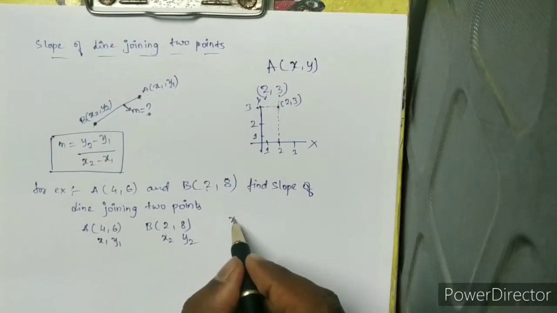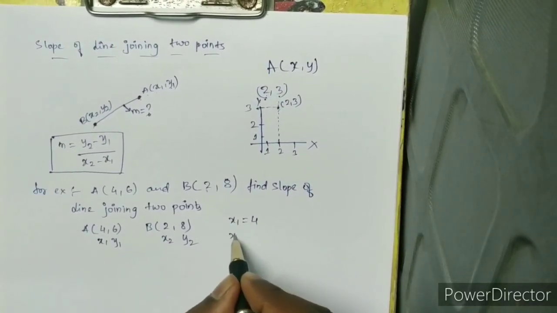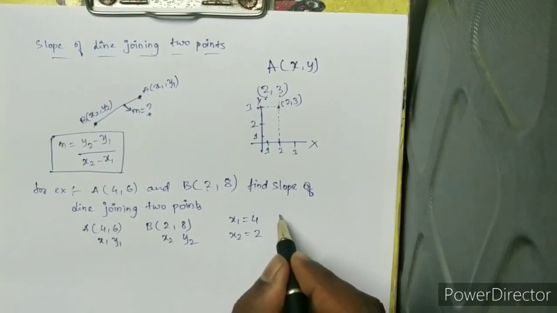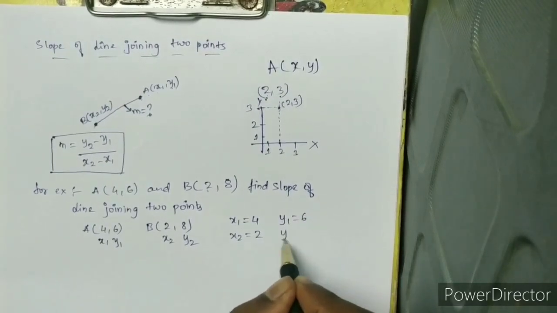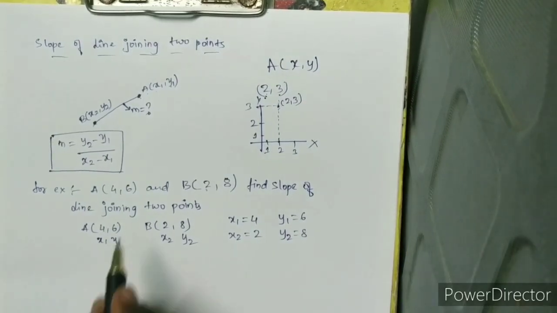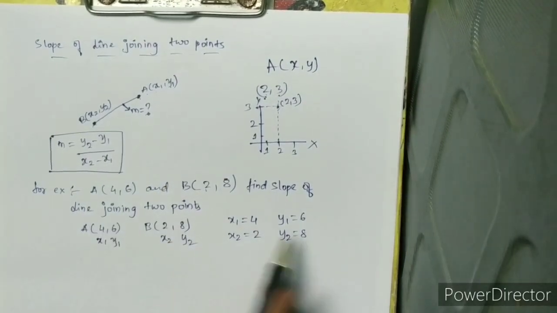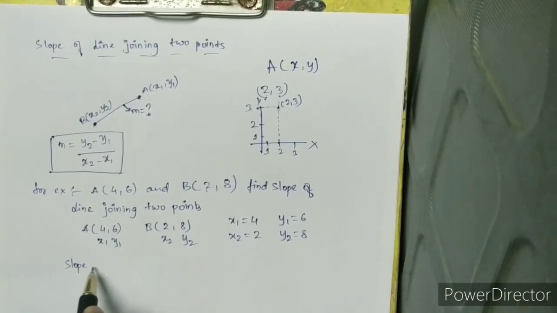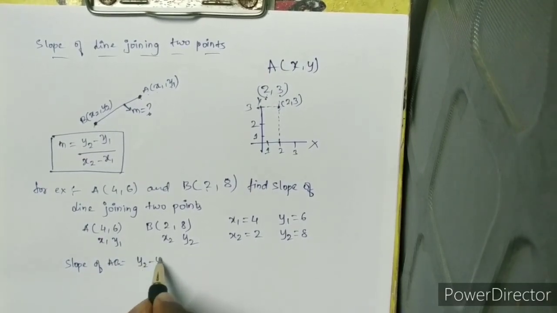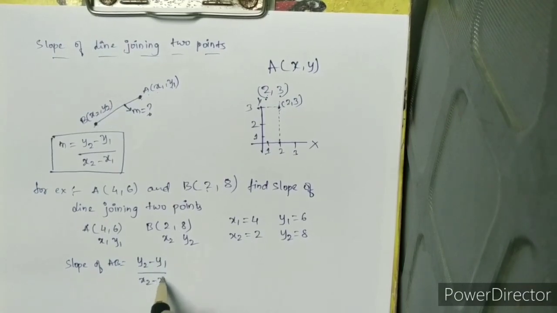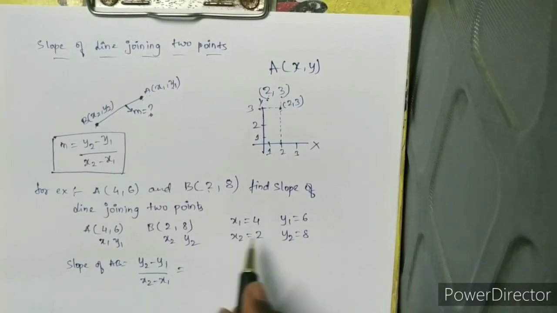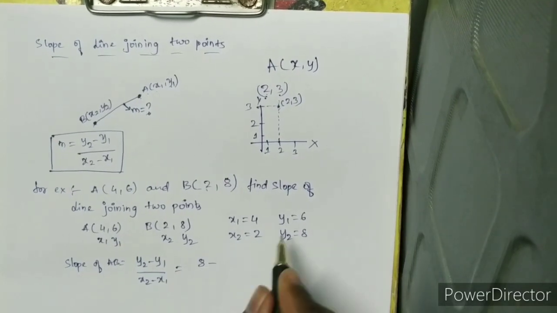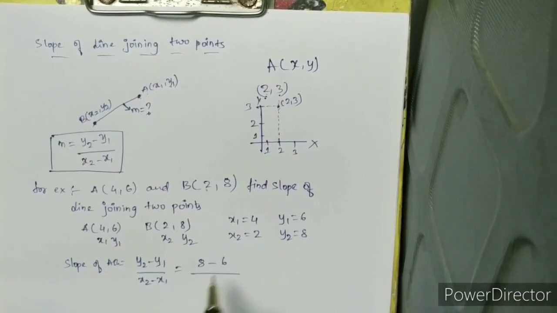So from this I can write x1 is 4, x2 is 2, y1 is 6, y2 is 8. Applying this in this formula, the slope of AB is equal to y2 minus y1 by x2 minus x1. y2 is 8, minus y1 which is 6, divided by x2 which is 2, minus x1 which is 4.